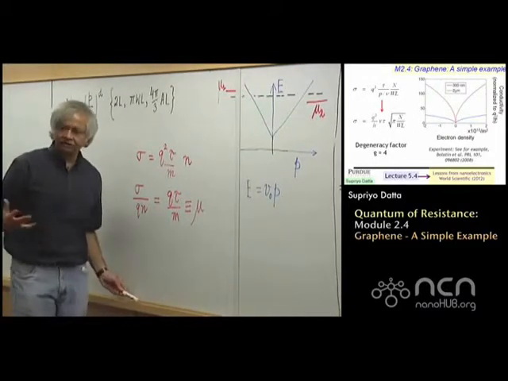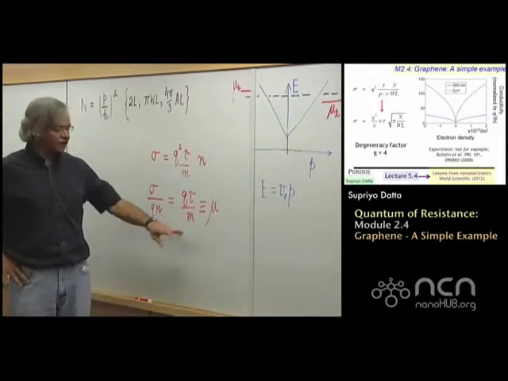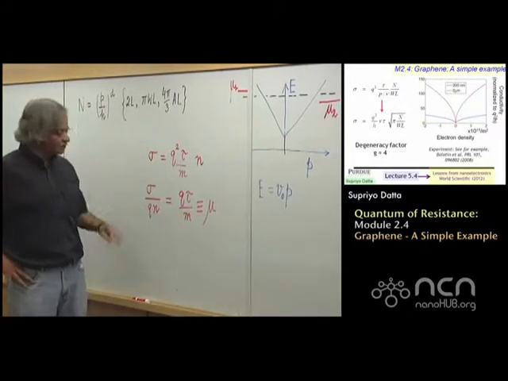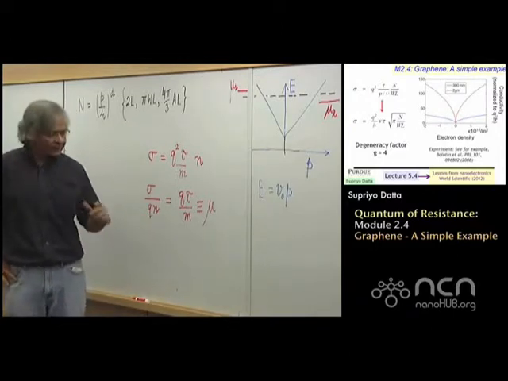With any conductor, when you perform experiments, one of the quantities you try to measure is this mobility, which is conductivity divided by the electron density.